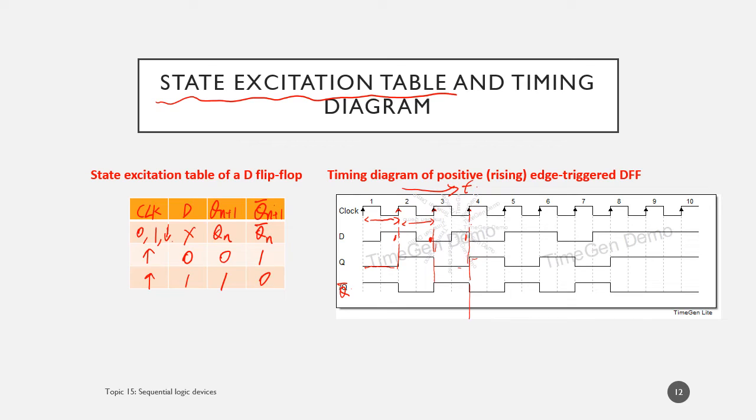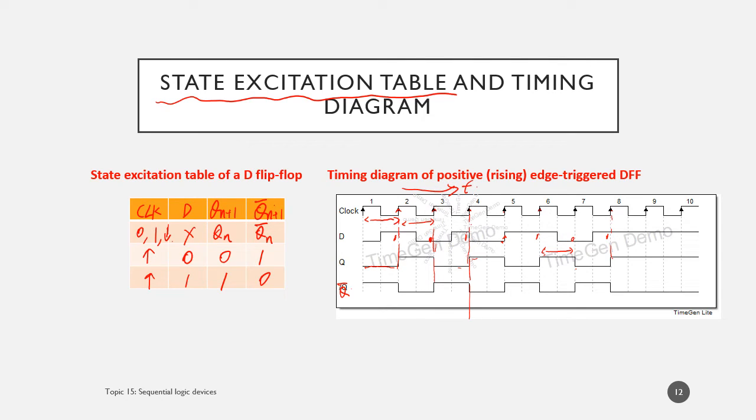Then you keep 1 till the next edge. At the next edge, D changes value, but before that edge we know D is 0, so Q has to change to 0. Then at the next rising edge, D is 1, so Q has to change to 1.